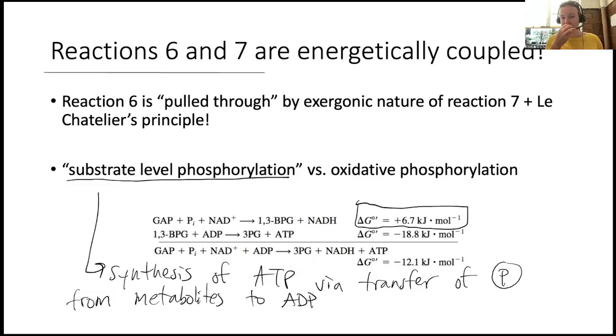And I generally think of substrate level phosphorylation as the synthesis of ATP from the transfer of a phosphate from some metabolite, some substrate, for example. We transferred a phosphate from 1,3-BPG to ADP to make ATP. That is unique to substrate level phosphorylation. We will see oxidative phosphorylation, the synthesis of ATP through oxidation and reduction, later on.